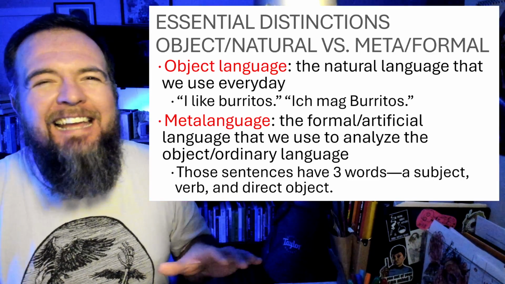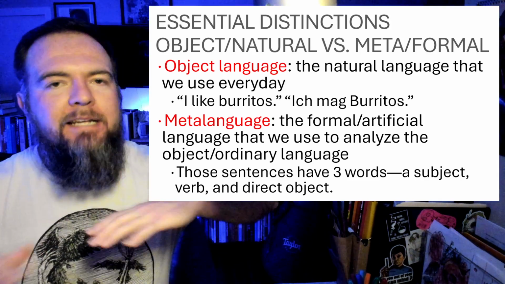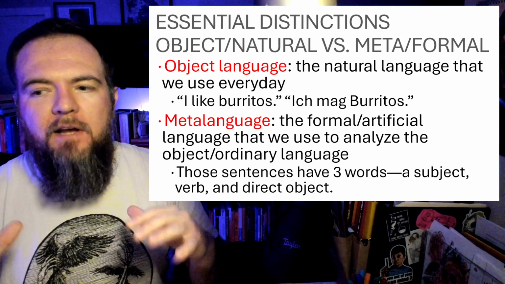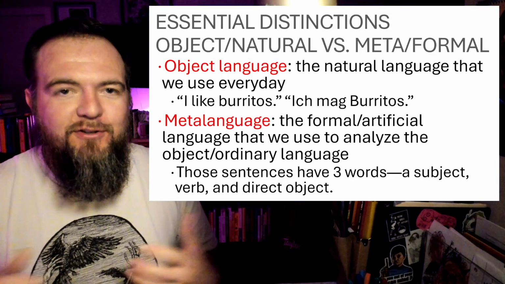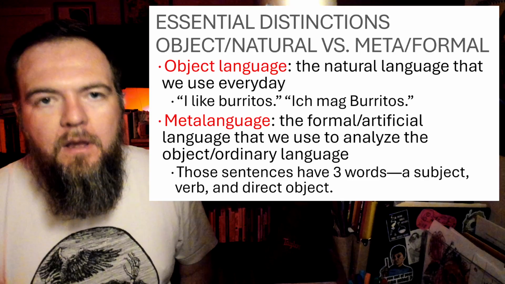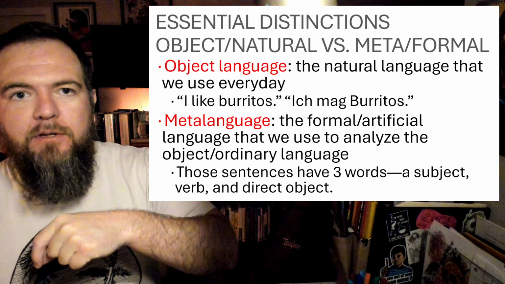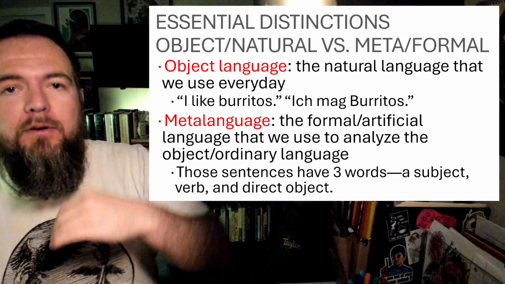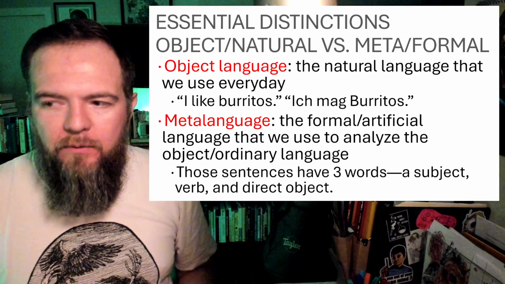We're not really thinking too much about it. It's the first order language. It's just us naturally moving around in the world. So on this slide, I put the examples of I like burritos or Ich mag burritos, which is German for the same exact thing. Now, if we wanted to talk about how we were using our language, so not just use language, but talk about how we're using the language, then what we need to do is develop a meta language.